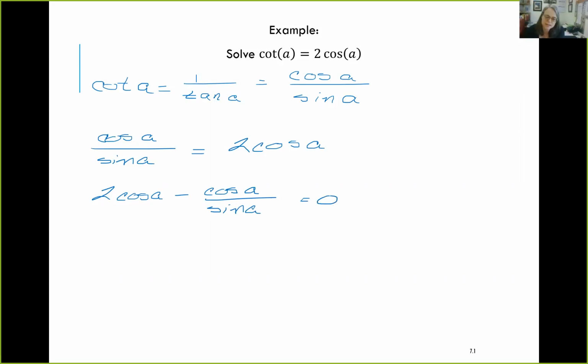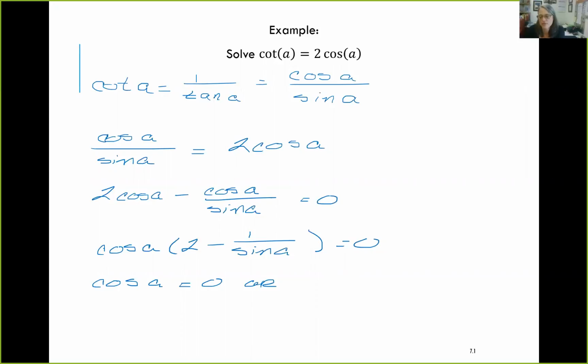Factor out the cosines. And I've got cosine of A times 2 minus 1 over sine A equals 0. That means cosine equals 0, or 1 over sine equals 2, so sine equals 1/2. And now we need to make a note here that my sine of A cannot equal 0.